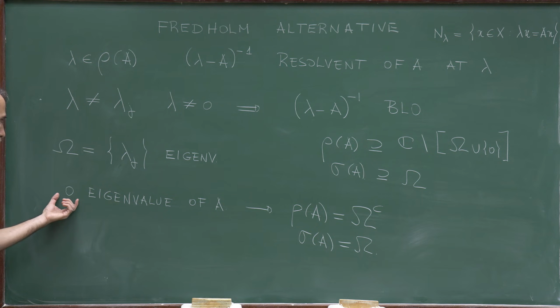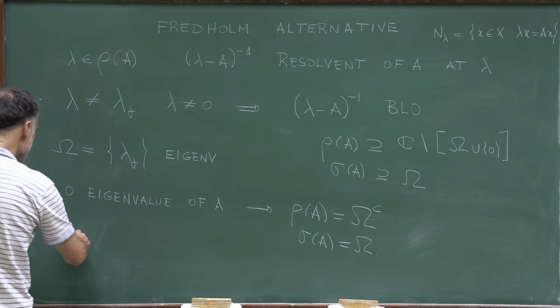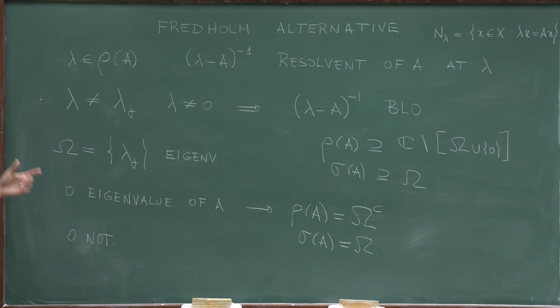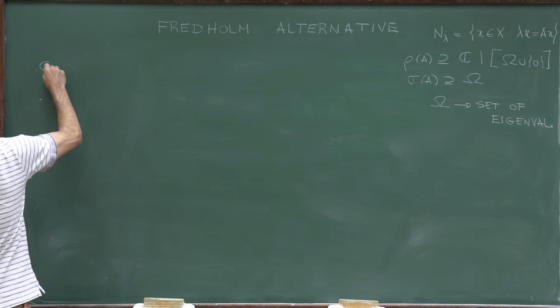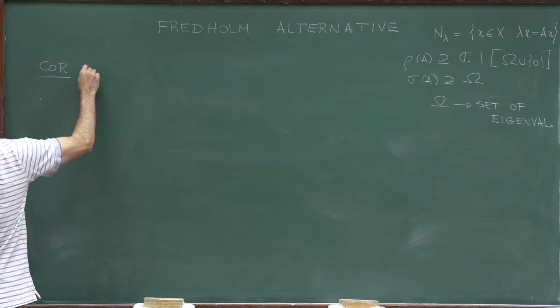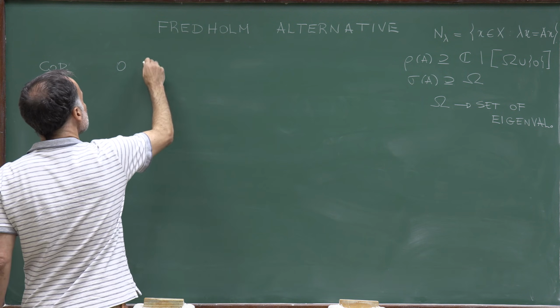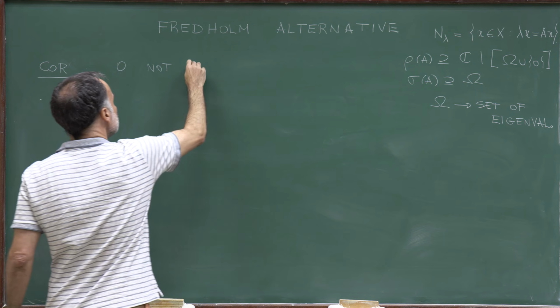So we have just to consider the case in which 0 is not an eigenvalue. And this is the content of the next result. So the corollary is as follows. Assume that 0 is not an eigenvalue.